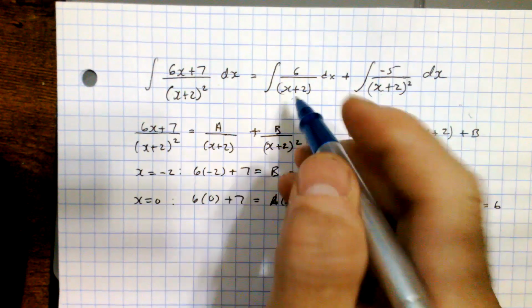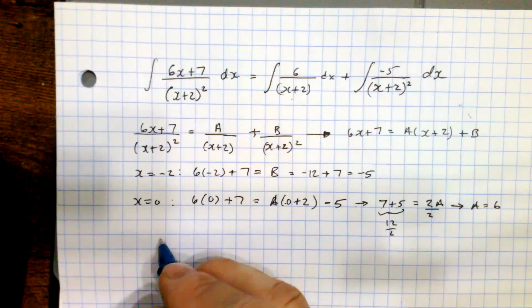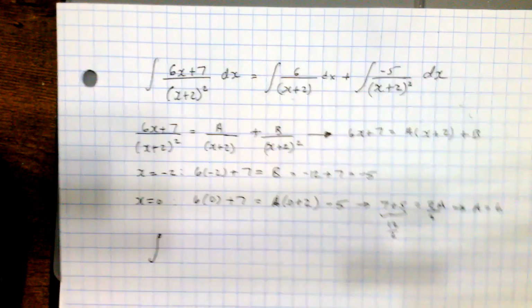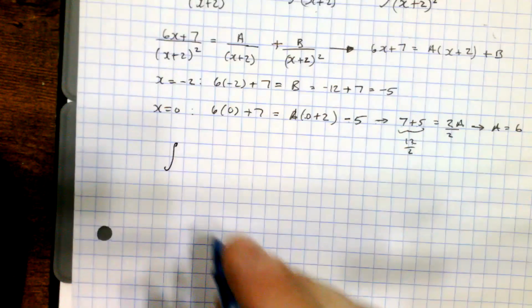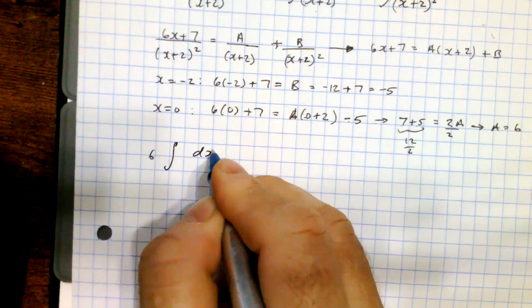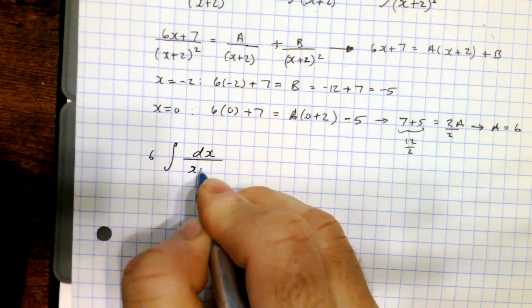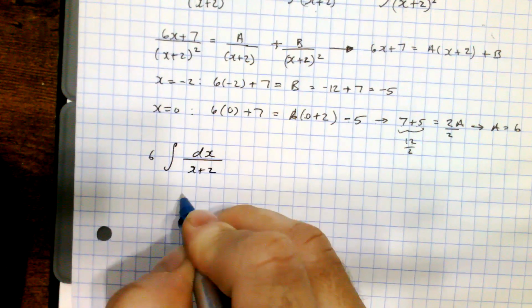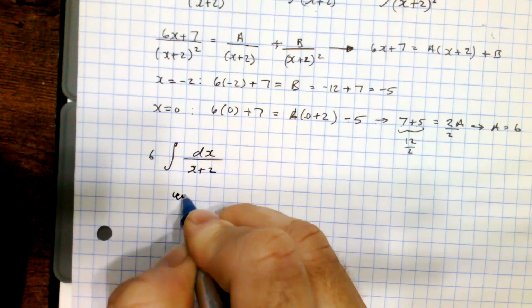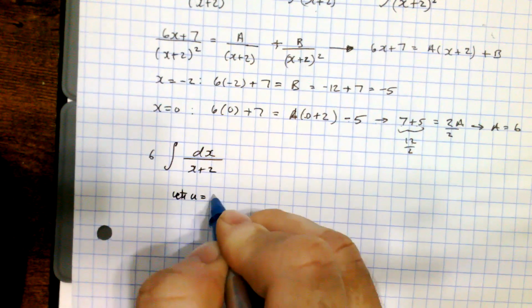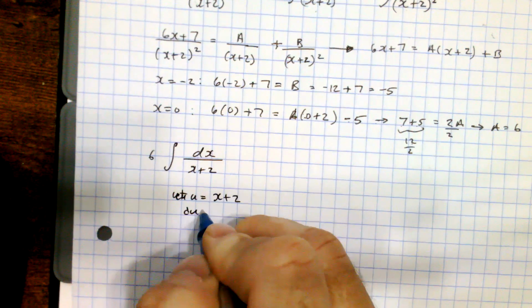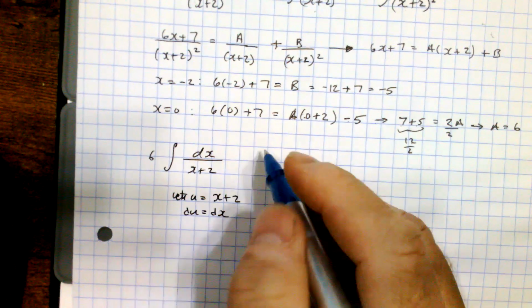Let's go ahead and consider those two down here. I have the integral of, I'm going to factor out that 6, and I have dx over x plus 2. Here I'm going to let u equal x plus 2, then du, of course, is dx.